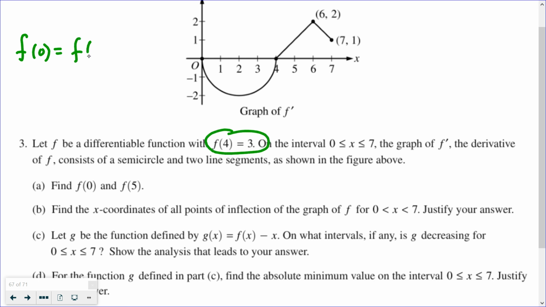So you write f of 4, and then you add to that the displacement. Since they gave you an initial condition at 4, you start at 4 and you have to go to 0, because we want to know what f of 0 is. And I'm able to find this as long as this is the integral of f prime of t dt.